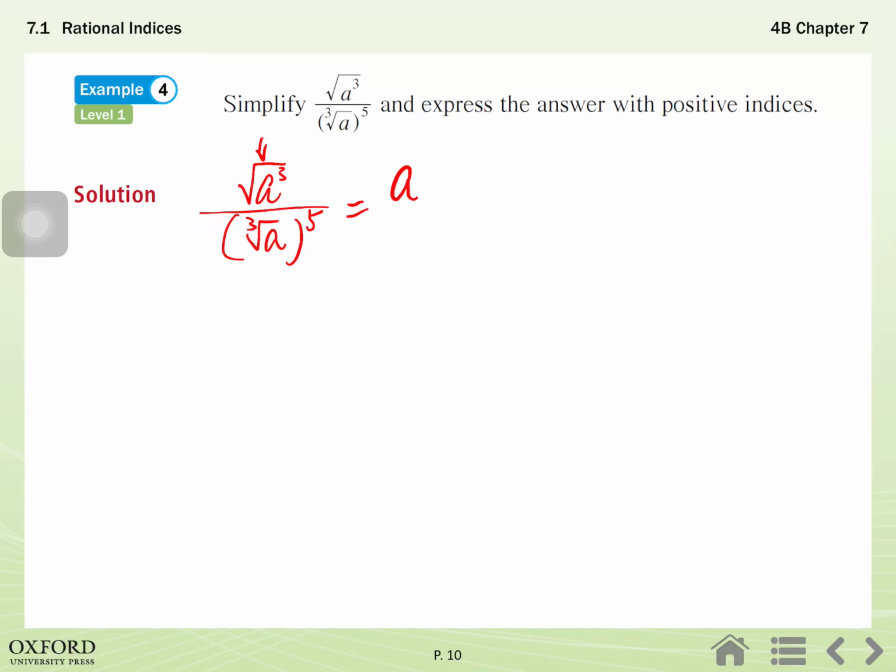This symbol is actually this one. So whenever you see the root, if there is no number, actually it's a square root, and it's a fraction. And this one, so 3 is the denominator.